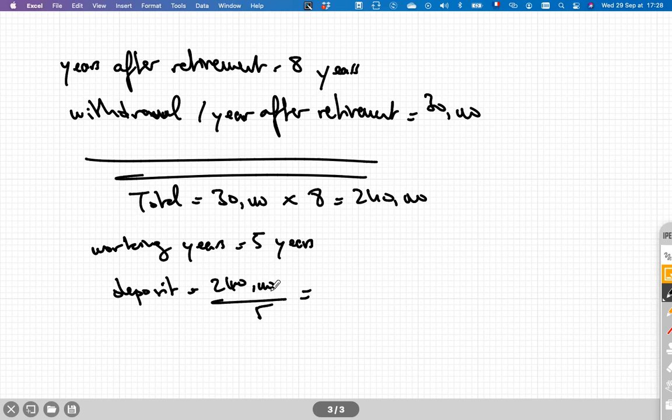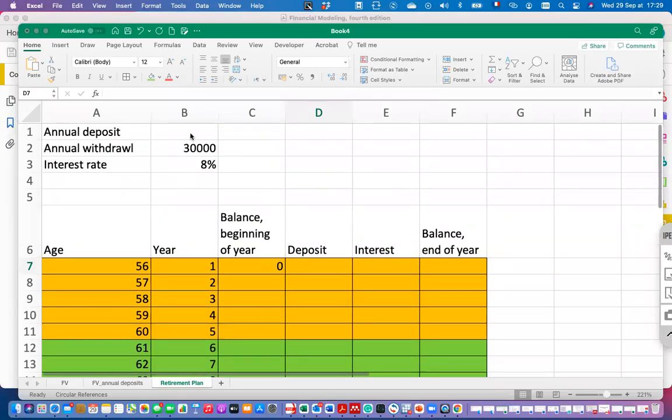240,000 divided by 5, $48,000. Okay, so let's go for it. So let's suppose that he has to deposit $48,000 during his professional career, or during the 5 years remaining in his professional career. So that equals the annual deposit.